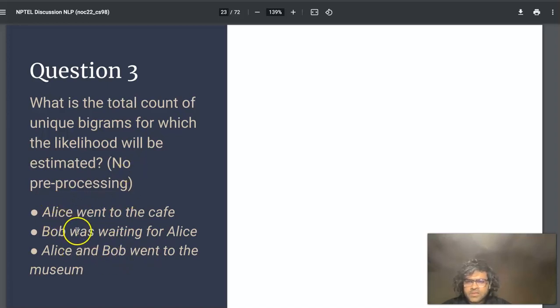The assumption is that there is no pre-processing. Pre-processing, as discussed last week, includes normalization, lemmatization, stemming and so on. For simplicity, they assume none of these operations happen in this corpus. Just these sentences, and tell us the unique bigrams.